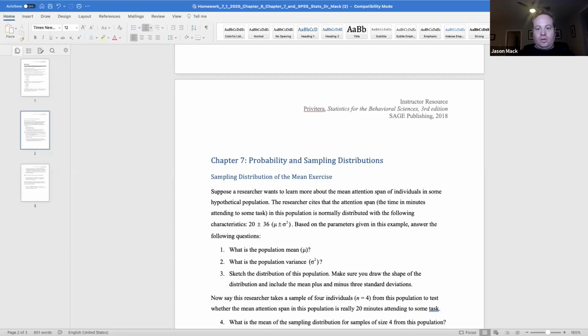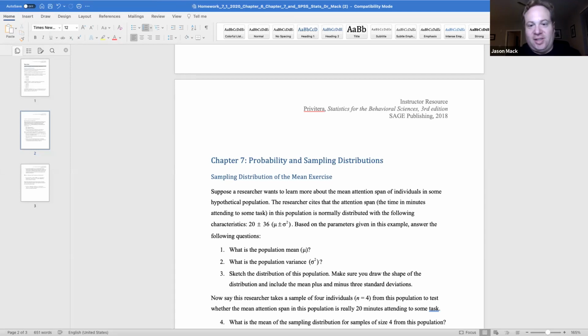All right, so let's go back to our screen share. Suppose a researcher wants to learn more about the attention span of individuals in some hypothetical population.